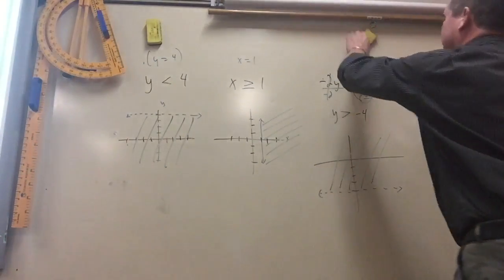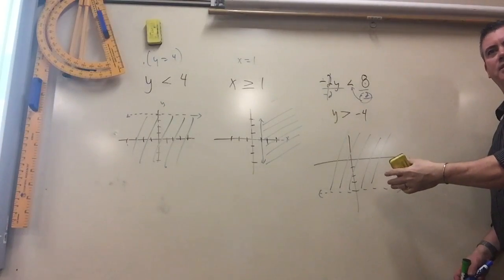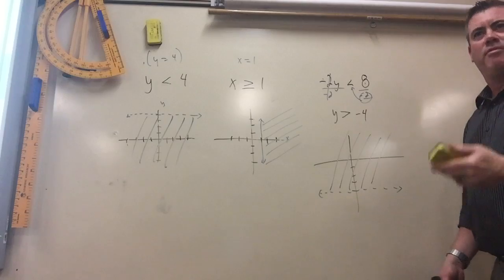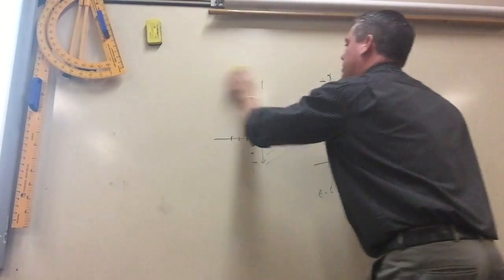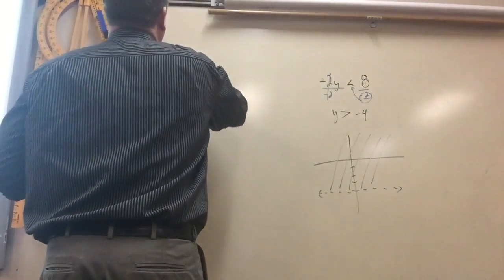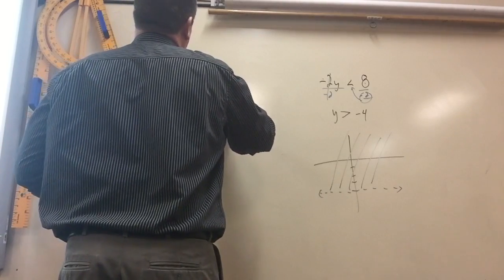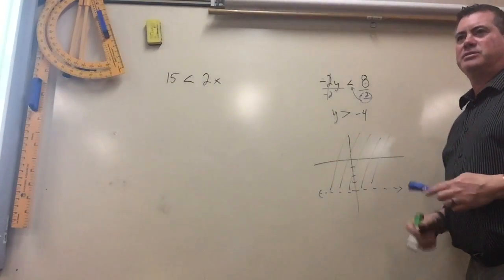All of them today are just gonna be a horizontal line or a vertical line. And then tomorrow, we're gonna do the ones, the y equals mx plus b, like we have in the past. So if it was like this, okay, 15 is less than 2x.